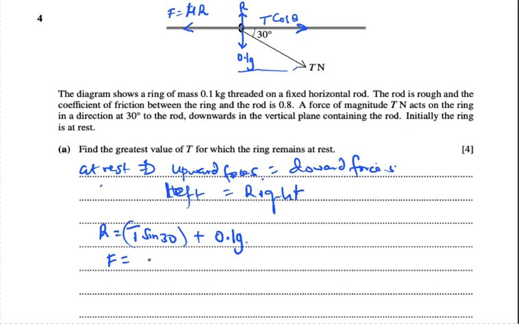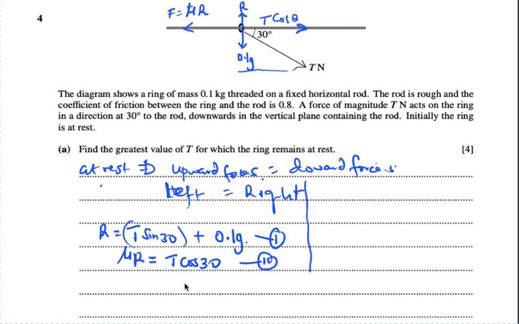To make it easier, we can say the friction force, mu R, is equal to T cos 30.